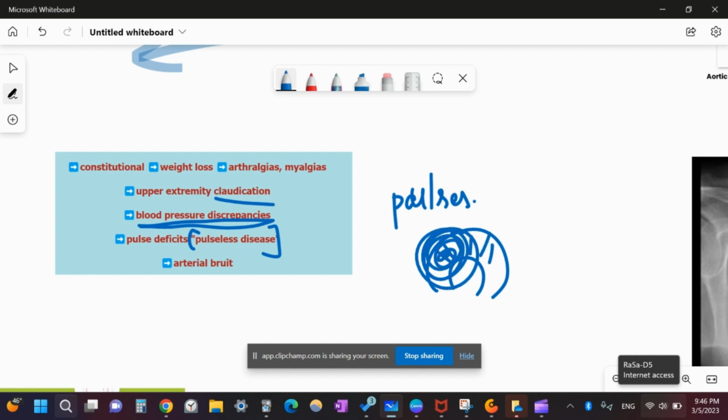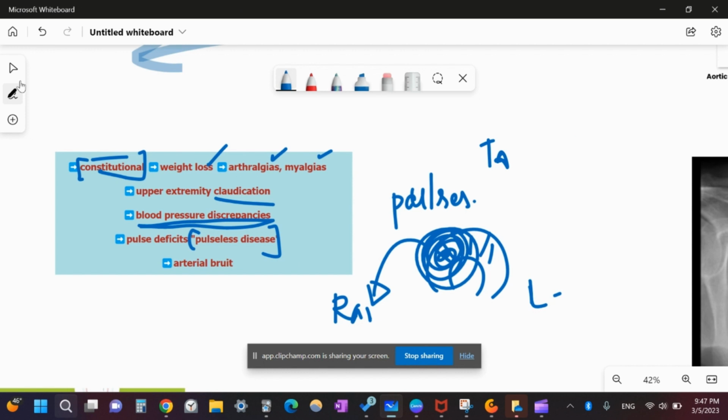Maybe it's just one part of the aorta that gets affected, and that might cause the patient to have only right arm symptoms and the left arm is normal or something like that. So there can be discrepancies, and the important thing to think about is that it's going to have constitutional symptoms like all other vasculitides, right? They can have weight loss, arthralgias, myalgias. So if a patient who's Asian and less than 40 years old comes in with constitutional symptoms, you do want to think about Takayasu.